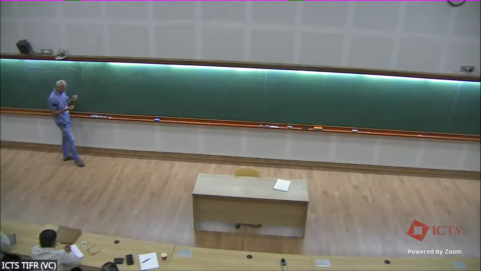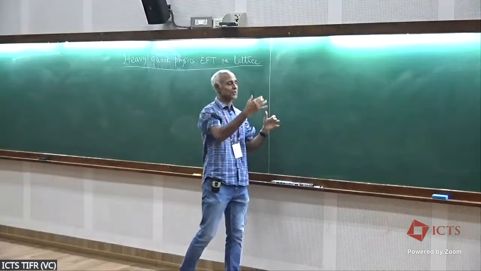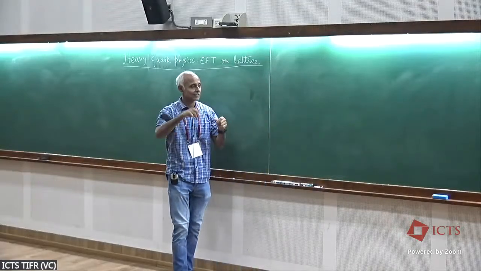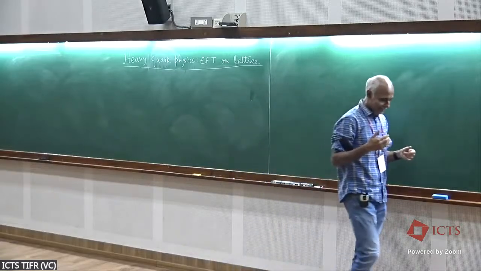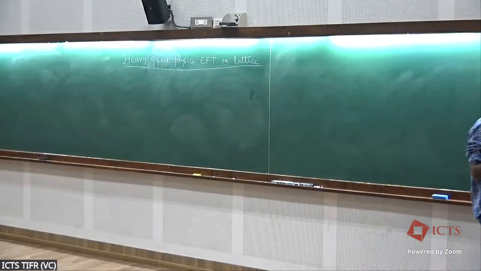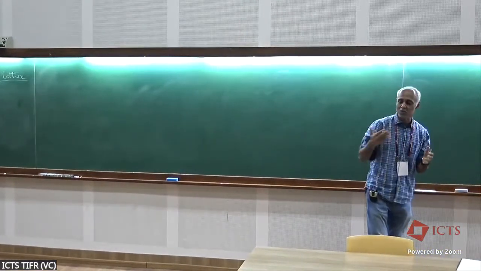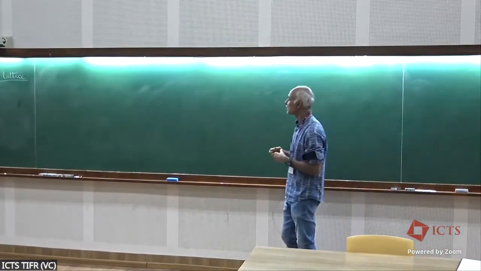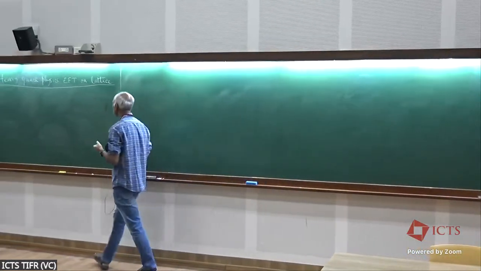So the name lattice comes from the fact that you essentially imagine that the space-time is not continuous. It's like a lattice, and that is essentially the requirement that in quantum field theory you need to put a cutoff, and that cutoff manifests as lattice.